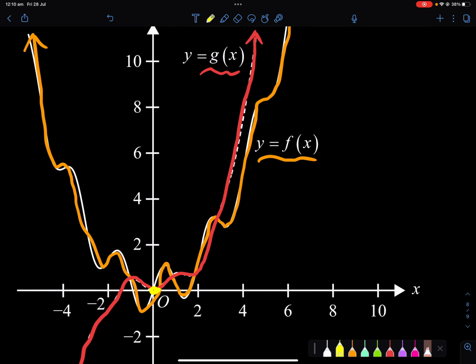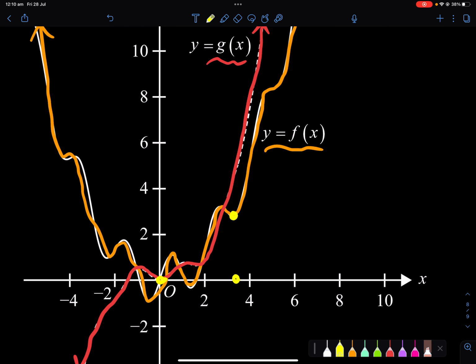At every turning point, for example there's a turning point over here, when we draw f dash of x it always has to touch the x-axis. So it should be touching over here too. It also has a turning point here, so it should be touching here, here, and here. So it has a lot of turning points.